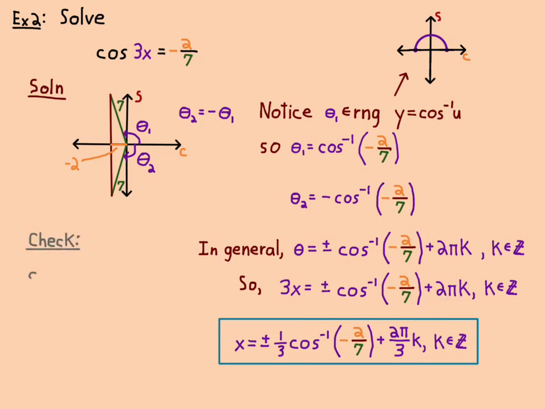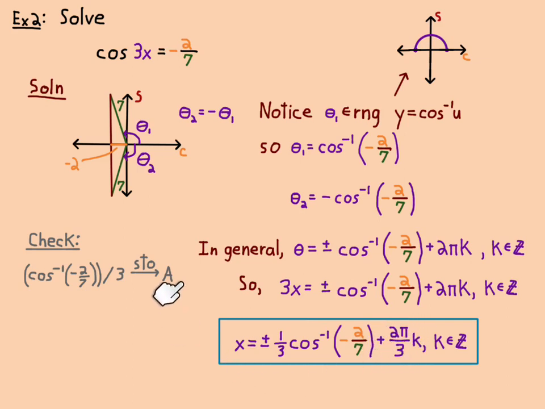Okay. So to check this, I took the cosine inverse of negative 2/7, divided by 3, and I stored that in A. That's the principal version of one of these, the plus one. So in other words, the part without this part.